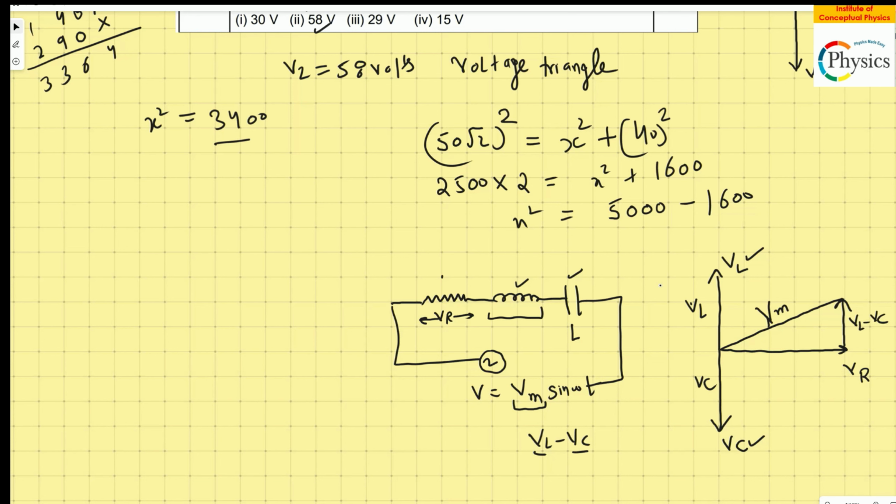So Vm square is VL minus VC whole square plus VR square. The point to be noted is that VL leads the resistive voltage by 90 degrees, and VC lags the resistive voltage by 90 degrees. I hope this voltage triangle is known to you.